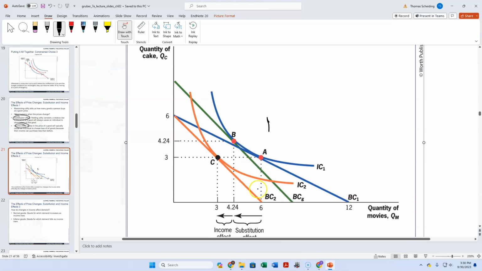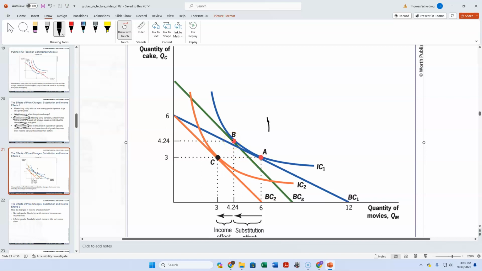So our substitution effect just measures the fact that given the changed price of the good, I'll buy more cakes as they become cheaper in price. And so we see this person reallocating or substituting cakes for movies as cakes become cheaper relative to movies. So that's our movement from A to B.